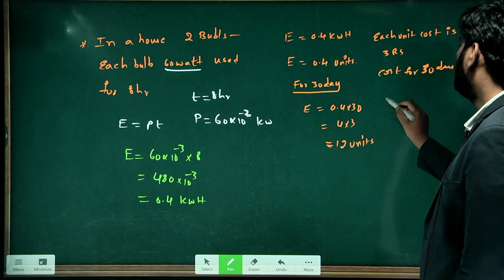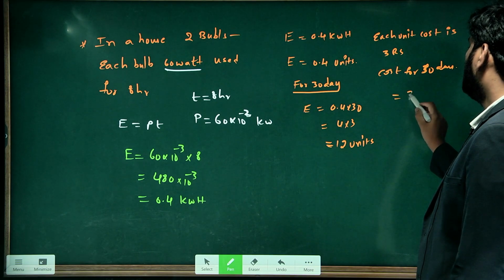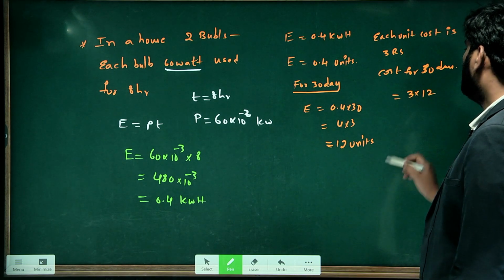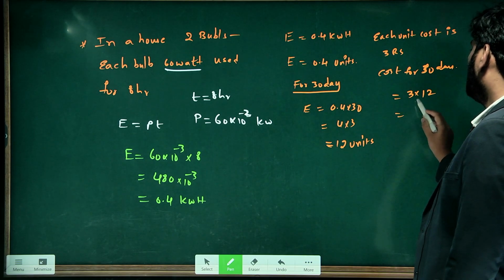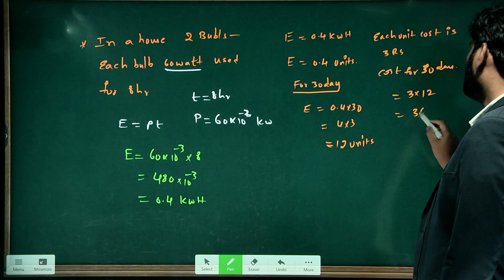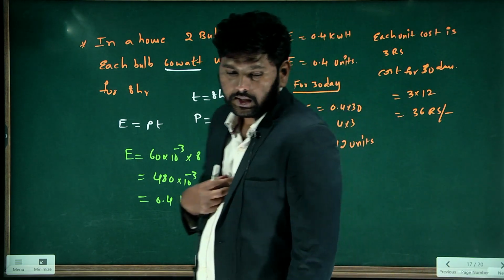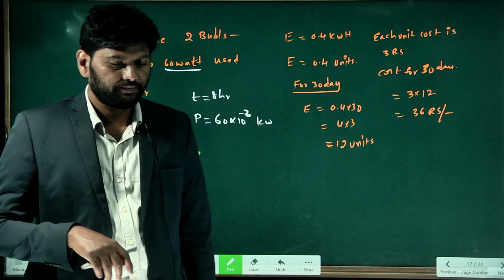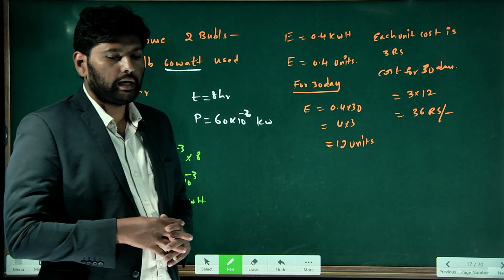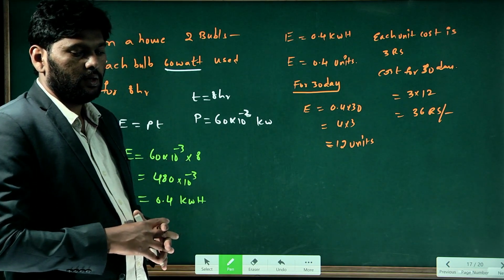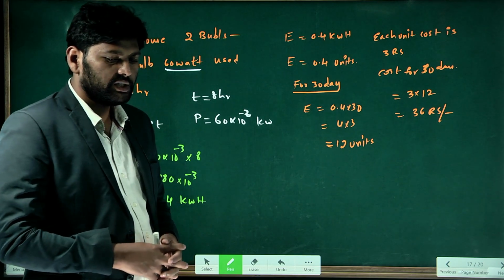That is equal to 3 into 12, so totally 36 rupees. So 36 rupees is your electricity bill for 2 bulbs. So this is how you can calculate the electricity bill. Understand?